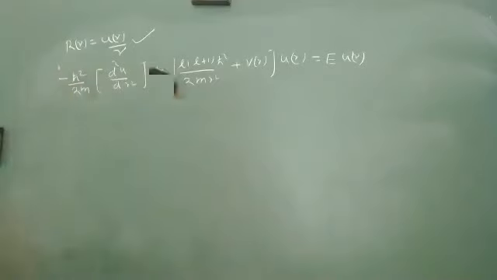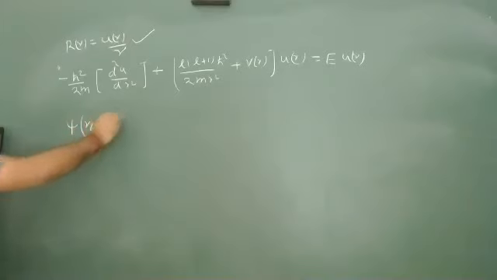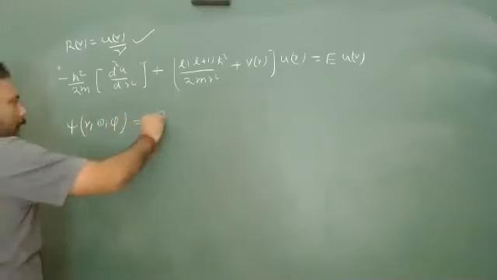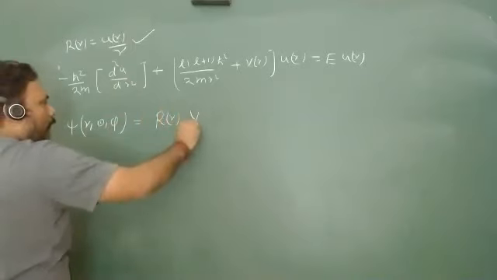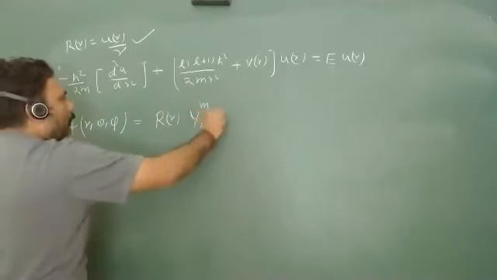Look at what you have. The wave function psi of r, theta, phi is nothing but the radial part of the wave function times Y l m theta phi.